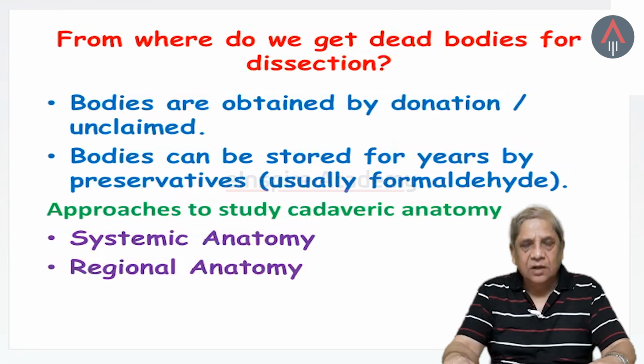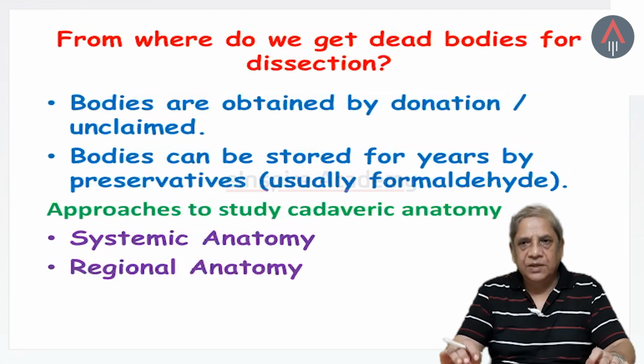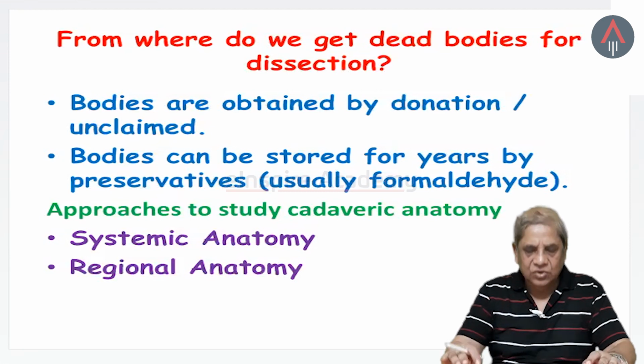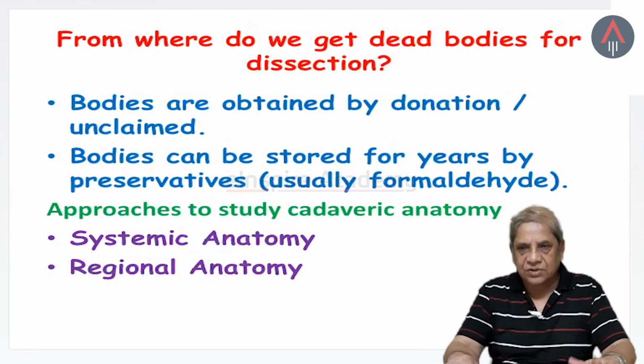Now, the dead body studied in the dissection hall can be approached by two different methods, or as such even in theory, if you are learning the gross anatomy, there are two different methods of learning. The first method is systemic anatomy. That means your teacher teaches you system after system.